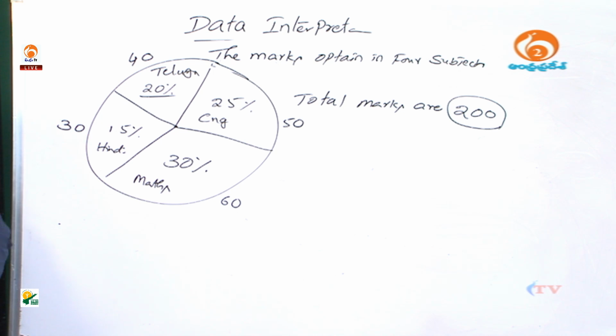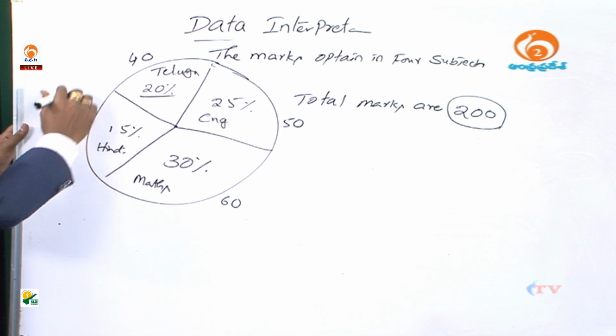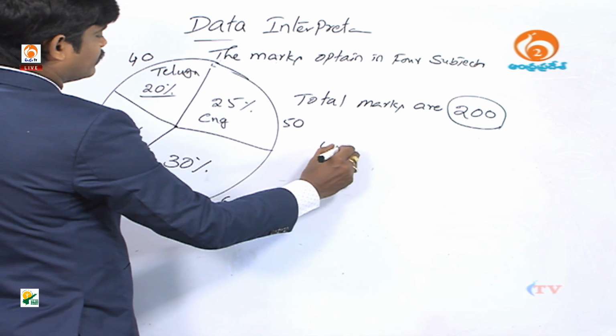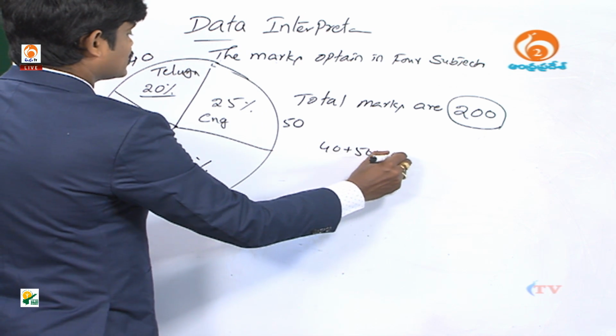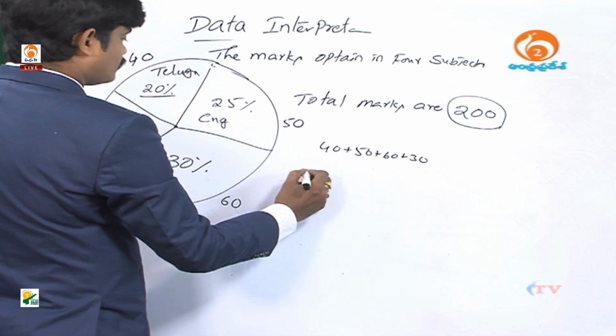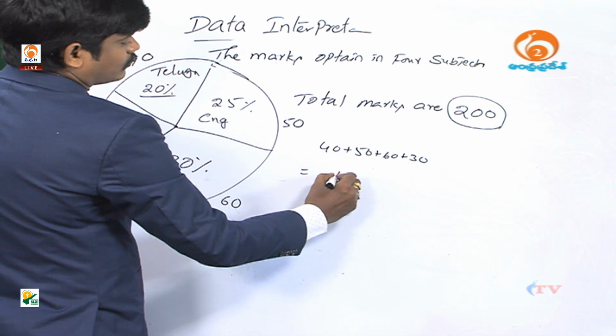So they are asking the question: what is the total marks he got in all the subjects? First of all, 40 plus 50 plus 60 plus 30, 180.